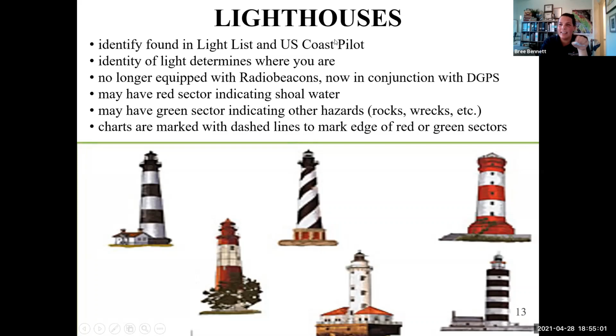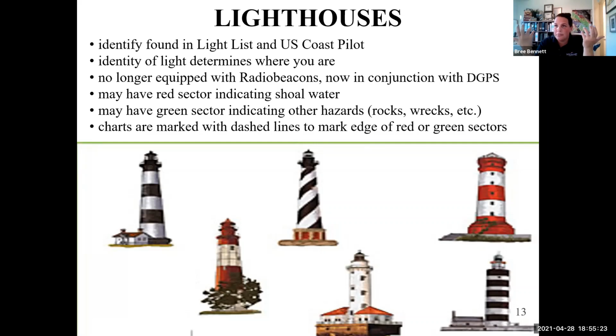So that's where it had a real good description, plain English, not just little abbreviations that you're going to see on the chart, of sentences worth of description for each lighthouse or aid to navigation that way.